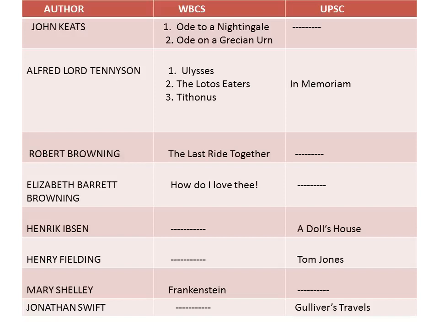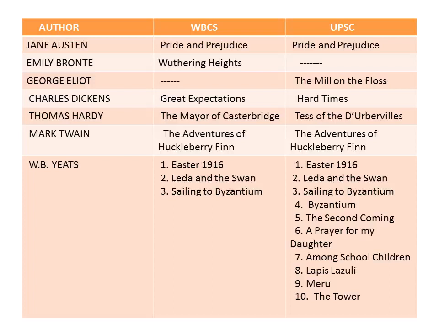Mary Shelley's Frankenstein, on the other hand, you have to read only for WBCS. Again, Jane Austen's Pride and Prejudice, of course, what else? You have to read for both the exams. Emily Bronte's Wuthering Heights, only for WBCS.